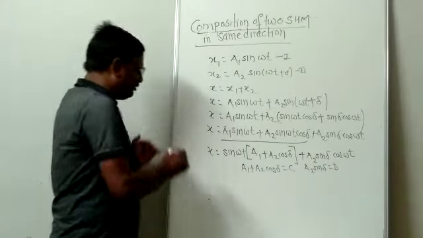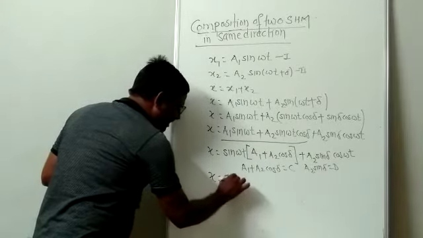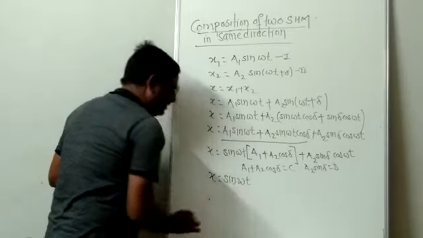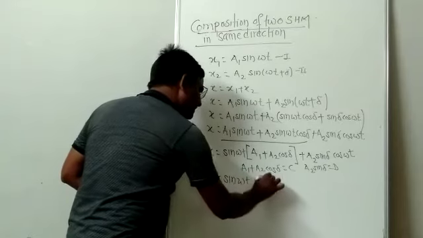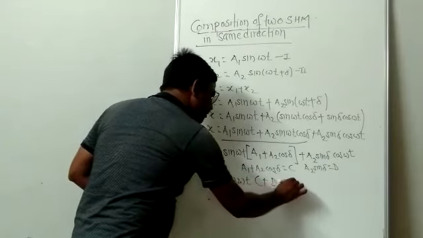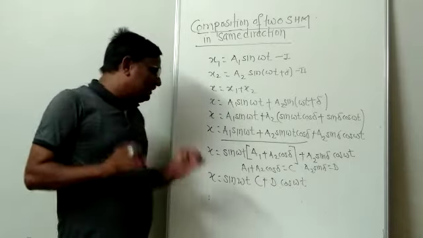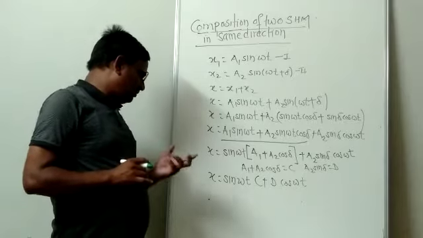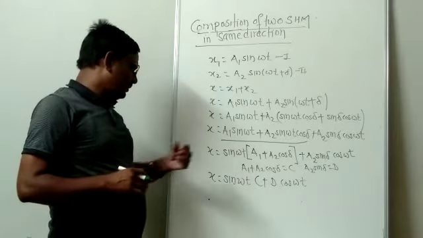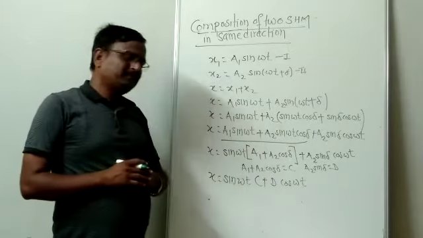Let's put these values. The equation becomes x is equal to sin omega t C plus D cos omega t.